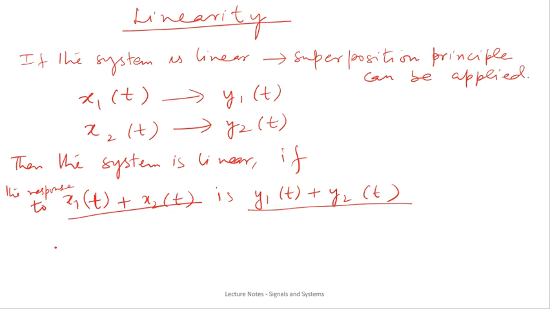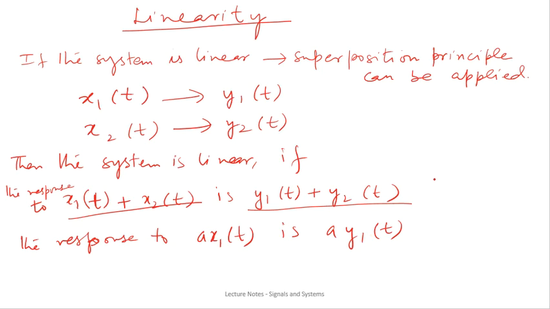And one more thing is that the response to any input a x1(t), where a is any scalar or constant, should come as a y1(t). Whatever constant the input is multiplied with, the output will also be multiplied with the same constant. That is the condition for linearity.